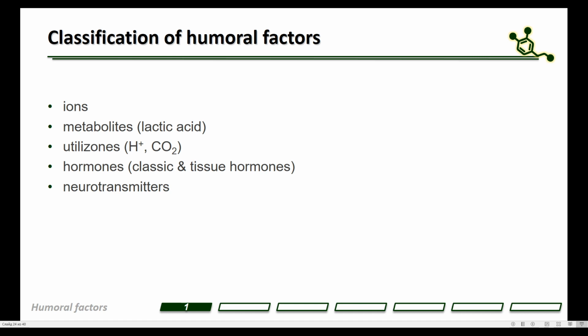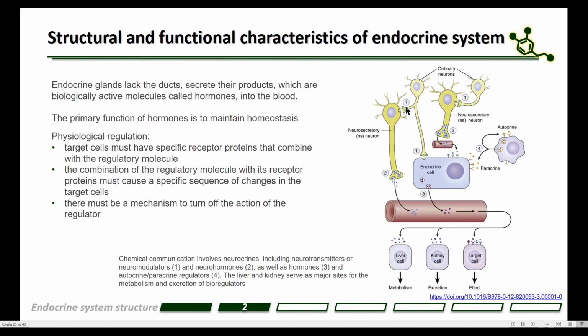Then you have different metabolites like lactic acid, pyruvates, and so on. Utilizones, the waste products which are produced like hydrogen ions, because during activities pH changes, and CO2 levels. Hormones, which could be divided into classic hormones and tissue hormones. And neurotransmitters. So that's the classification of humoral factors.